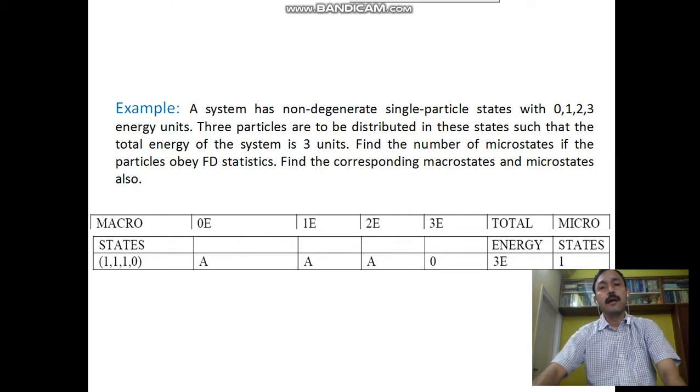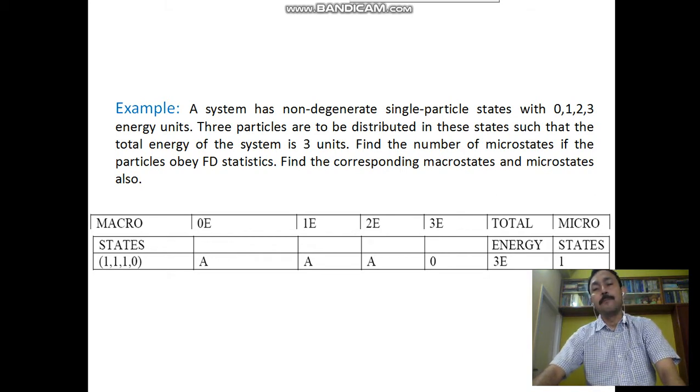A system has non-degenerate single particle states with 0, 1, 2, 3 energy units. 3 particles are to be distributed in these states such that the total energy of the system is 3 units.